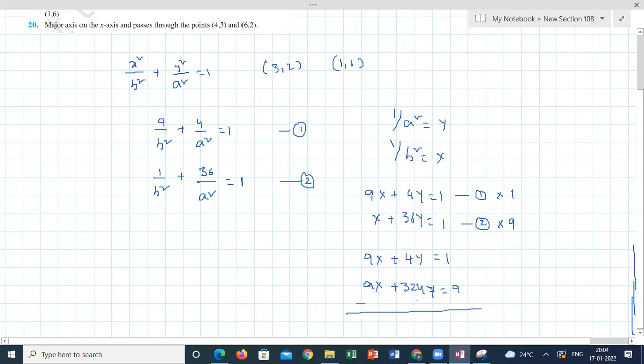If I am subtracting, this is minus 320y is equal to minus 8. From here, y is equal to minus 8 by minus 320. Cancel 320 by 8.